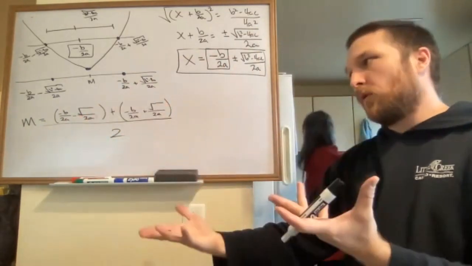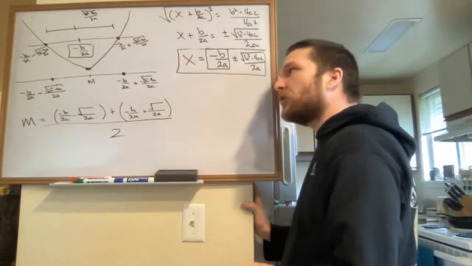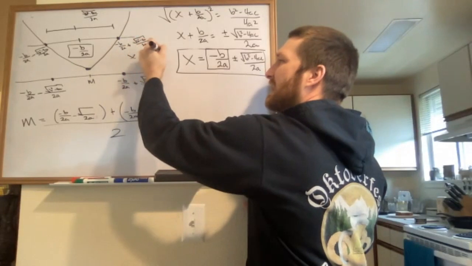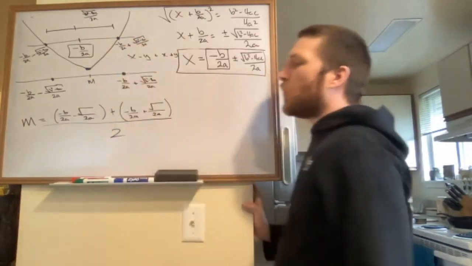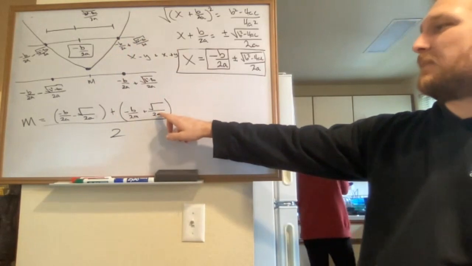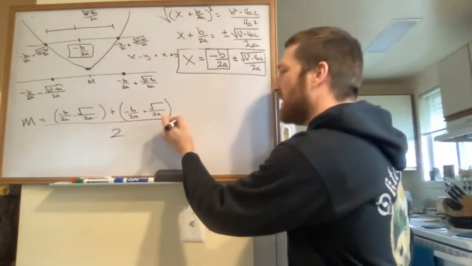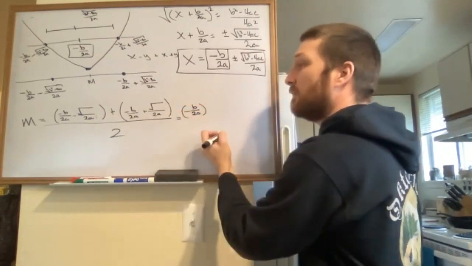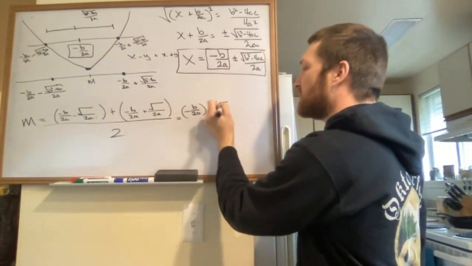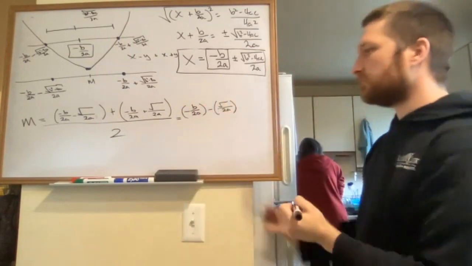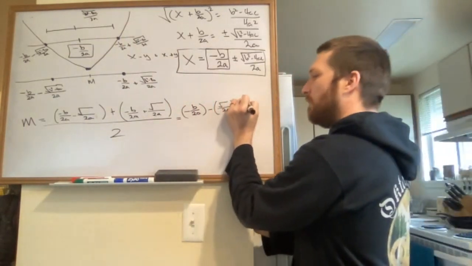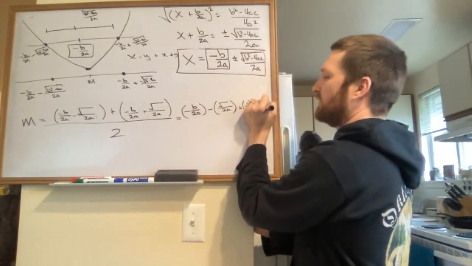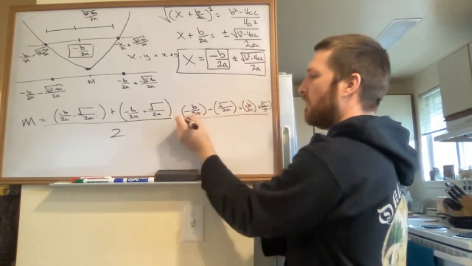Just by definition, we're taking the average of these 2 numbers, whatever they happen to be. Cool thing is, like what we saw earlier when we took the average of x minus y and x plus y, those y's canceled out. Well, that's the same thing that's going to happen here. Because we have -b/2a, which I'm going to think about as a number in and of itself, minus the square root of the stuff over 2a, plus -b/2a plus the square root of the stuff over 2a, all over 2.